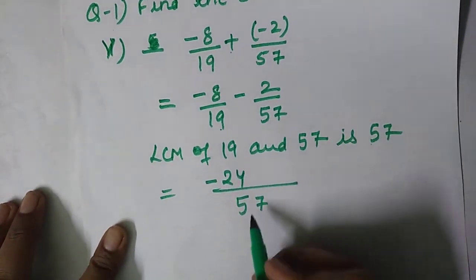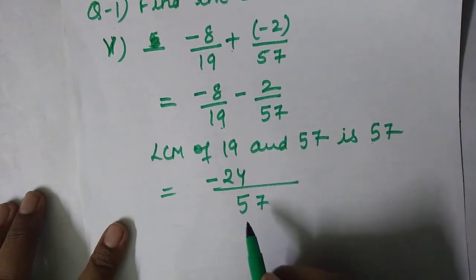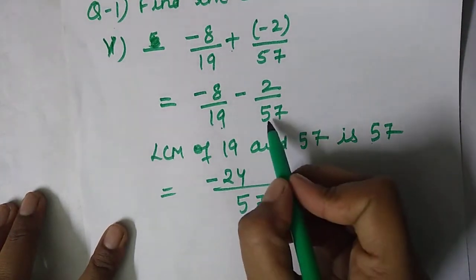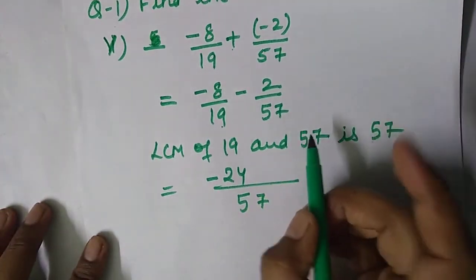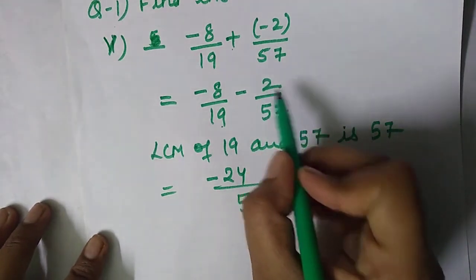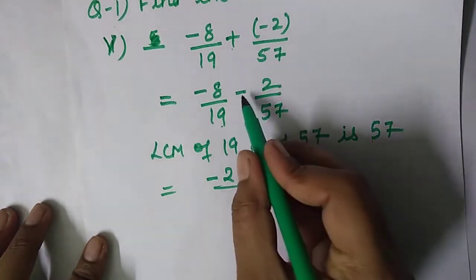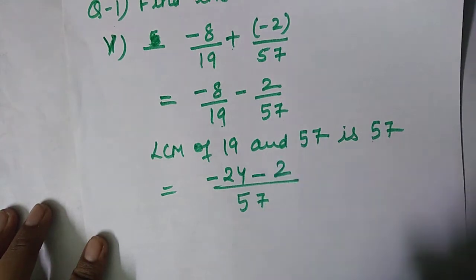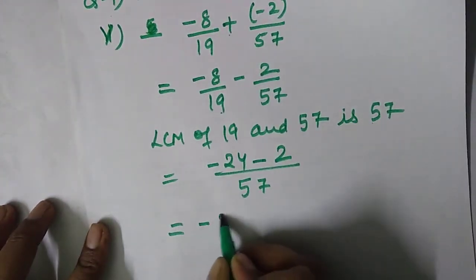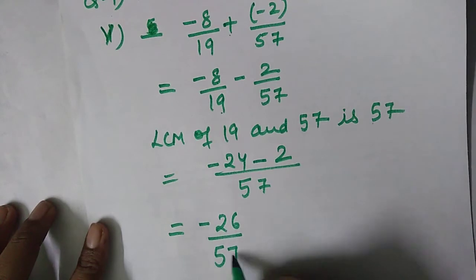Okay, now this 57 divided by this 57 will be 1, and 1 when multiplied with 2 is 2, and here it is negative, so minus 2. Okay, so answer is minus 26 over 57.